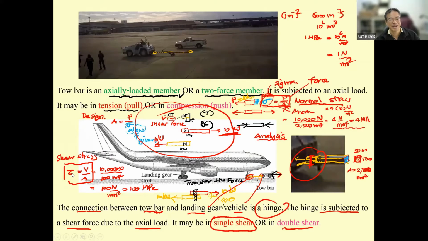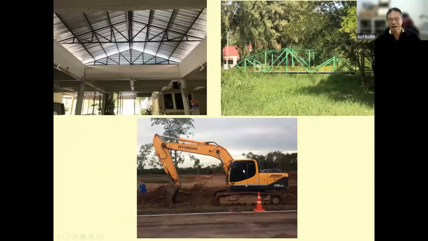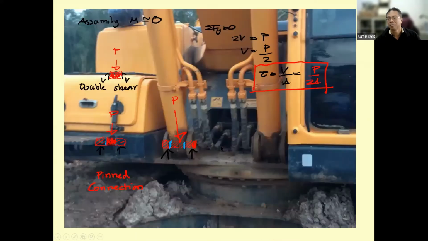This is going to be single shear stress, but this one is going to be double shear stress. Both of them are used in many kinds of structures and machines.